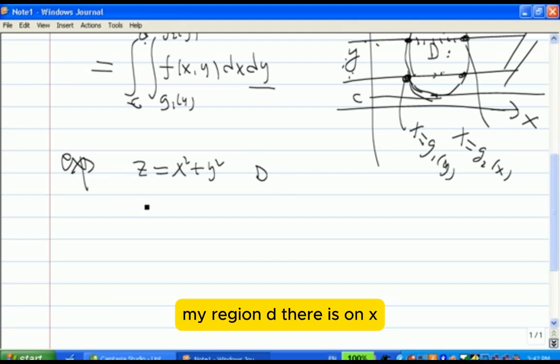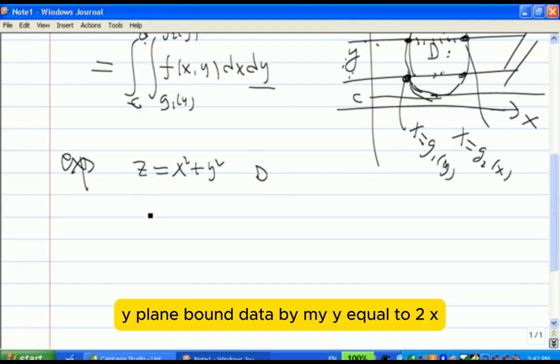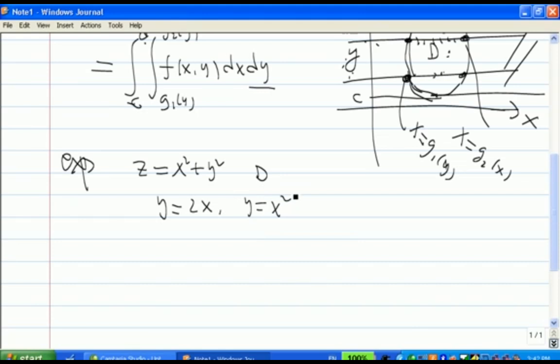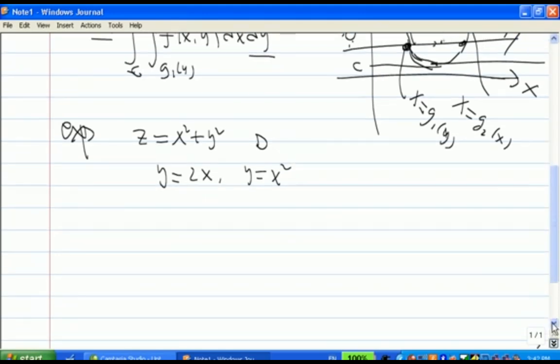My region D is on the xy plane, bounded by the line y equals 2x and the parabola y equals x squared.